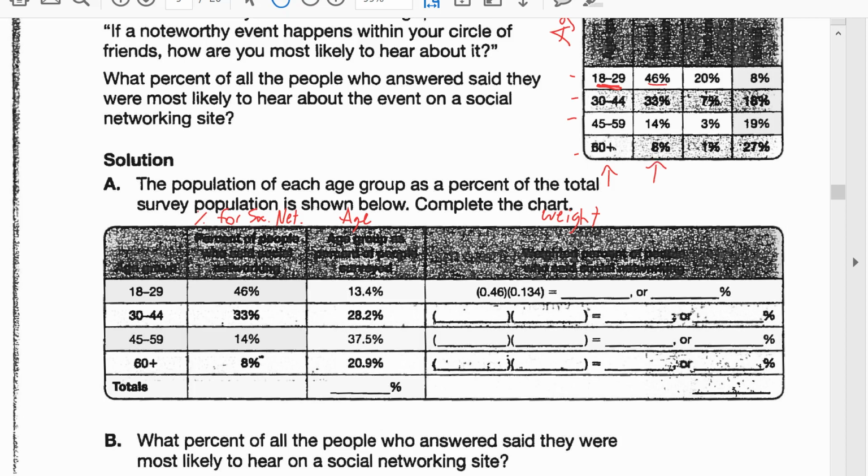Right there. So 18 to 29-year-olds, 46%. So we did 46 times the 13.4% of the age group as a percent of people who's surveyed, which is 0.061, lots of different digits.